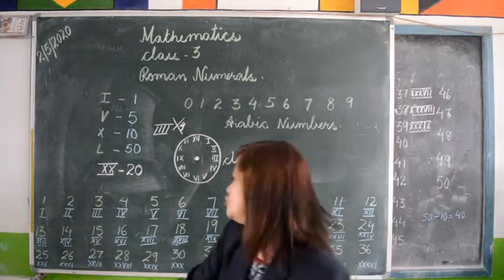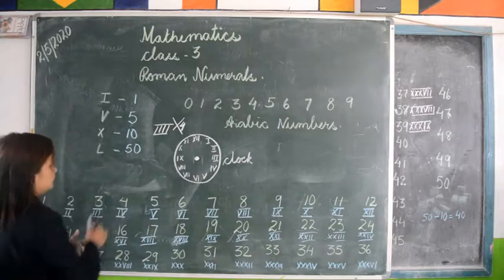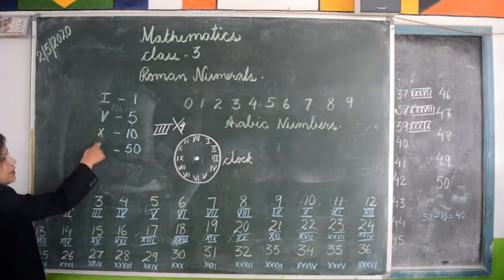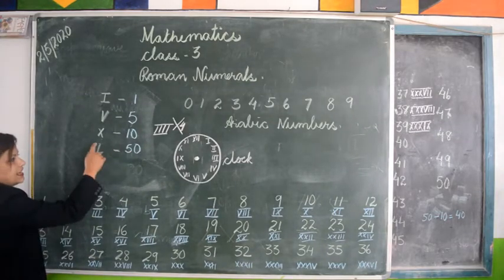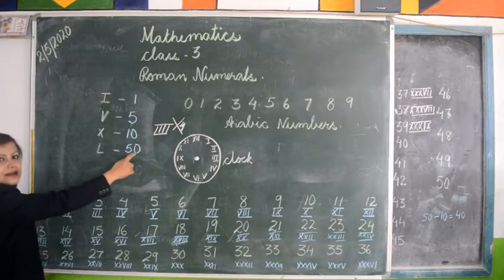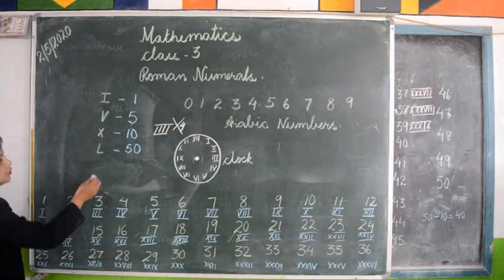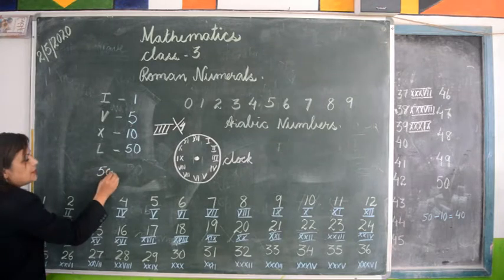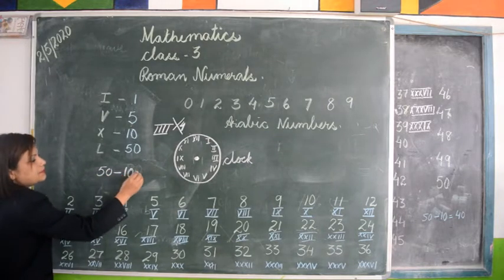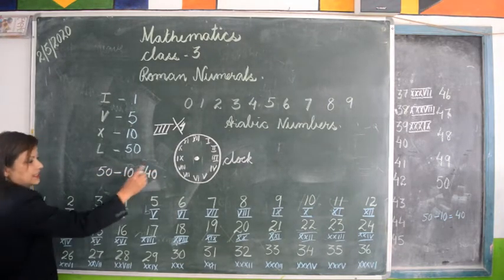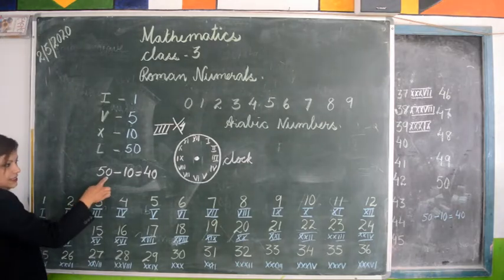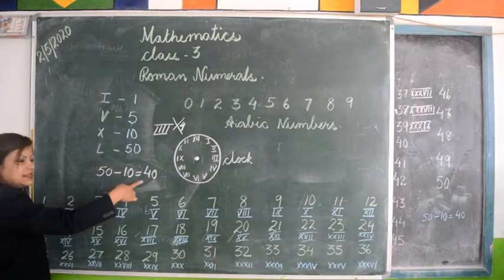Again, look at the board children. How do we make 40? Now, L represents the number 50, isn't it? So, 50 minus 10 makes 40. Again, I repeat, 50 minus 10 makes 40.